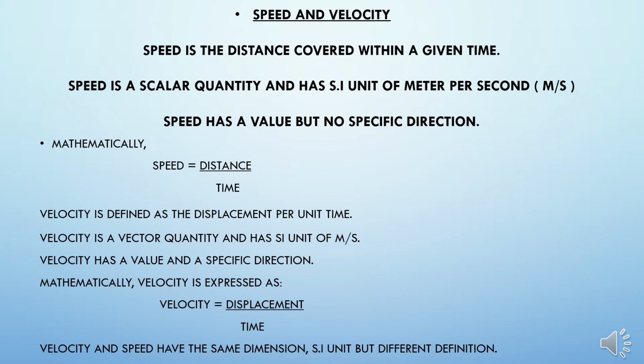When we say the car is moving with a speed of 30 meters per second, it means the car is able to cover a distance of 30 meters within a time of 1 second.